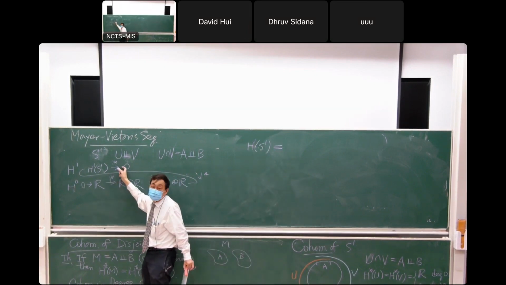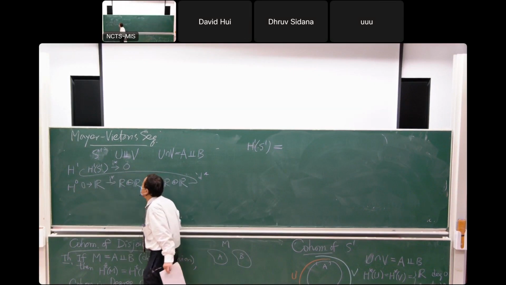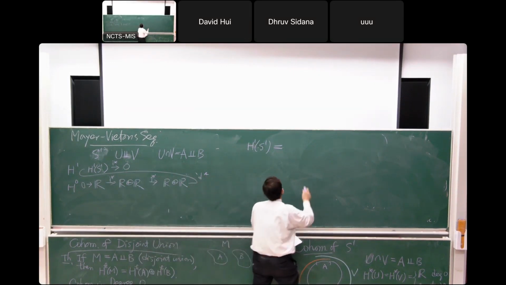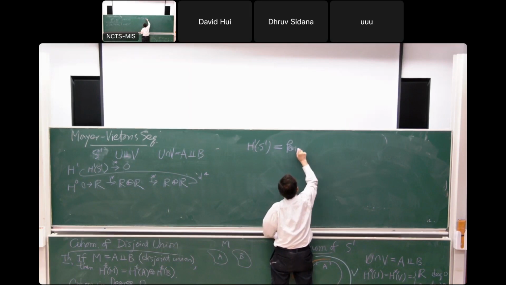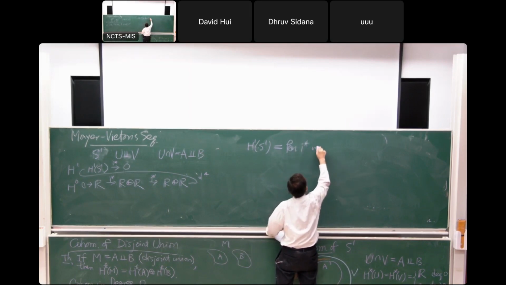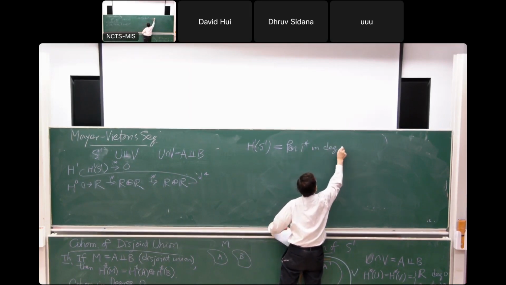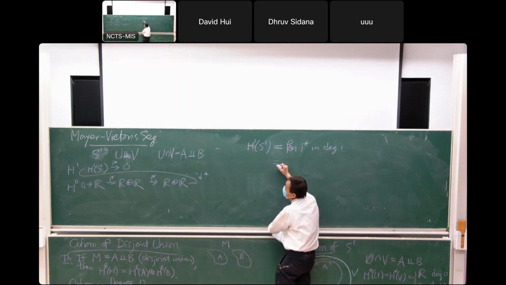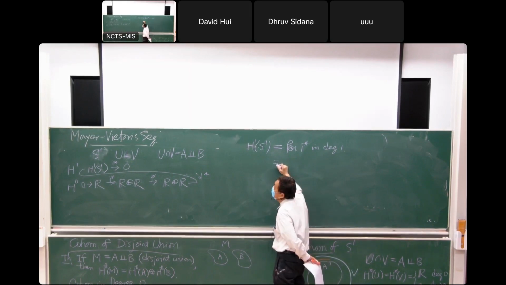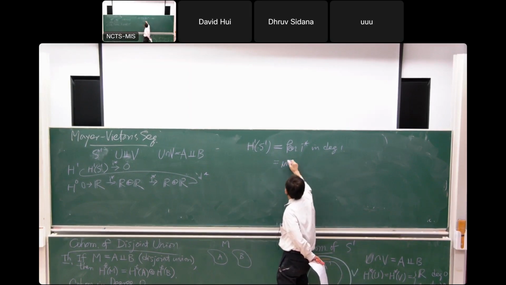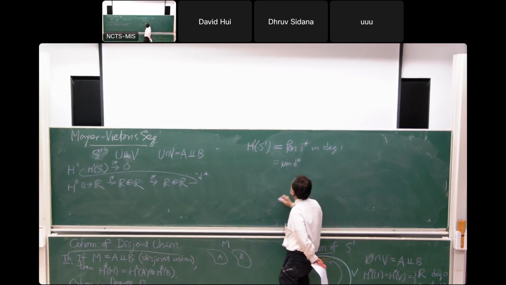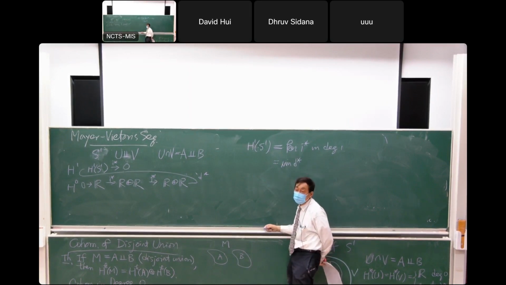Okay, so you see the H1 of S1 is the kernel of this i star in degree 1. Therefore, it's the image of d star by exactness.